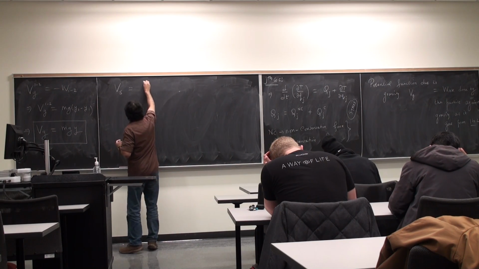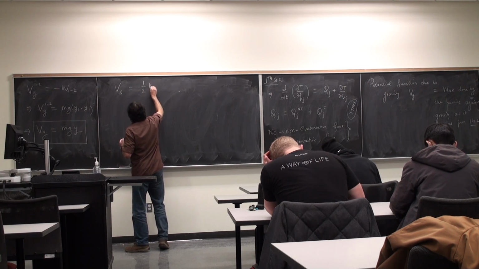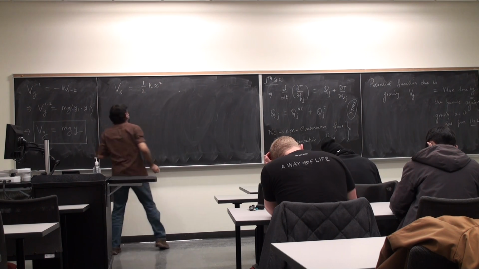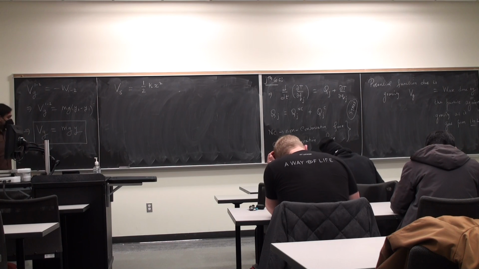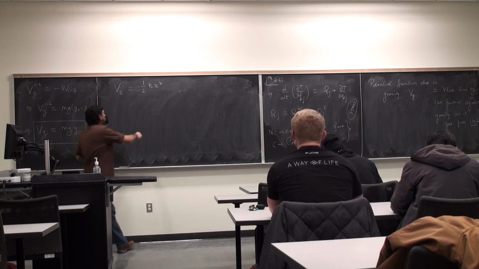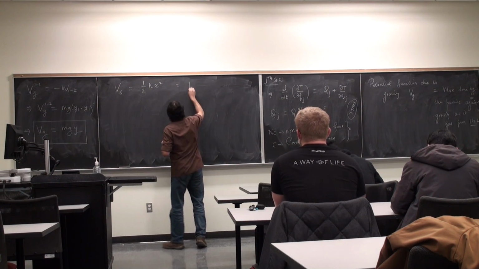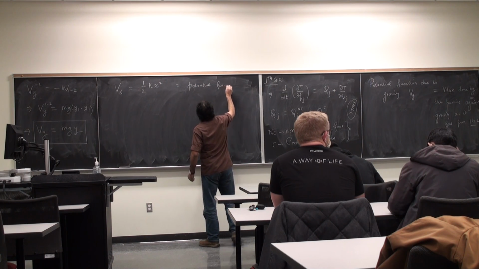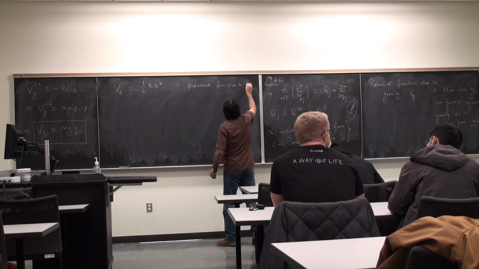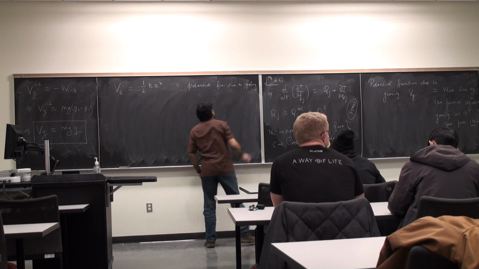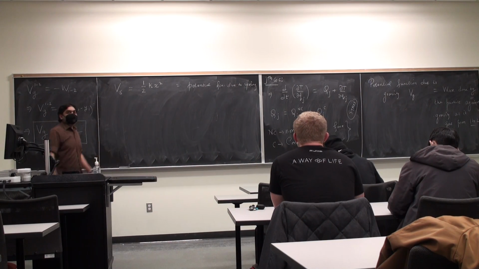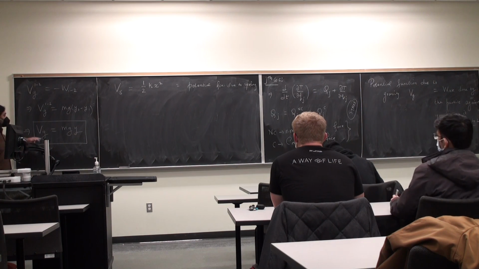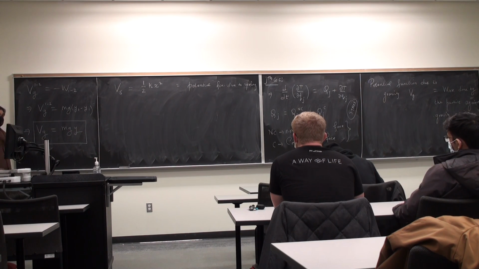So Vs is going to be defined as half k x squared, or some x or y, some r squared, I don't know. This is the potential function due to a spring. In problems where you don't have a spring, this fellow is 0. In problems where you don't have gravity, this fellow is 0. In problems where you don't have both, there are no conservative forces.